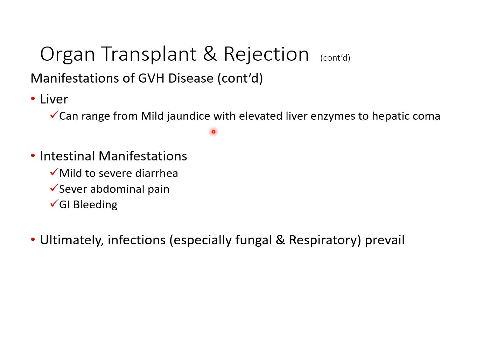The liver can have jaundice with elevated liver enzymes, up to hepatic coma. So all of that can happen. Intestinal manifestations: mild to severe diarrhea, severe abdominal pain, GI bleeding. Look at these manifestations. Things like GI bleeding are hard to handle, right? And then you can get infections as well. Fungal and respiratory infections can also manifest.